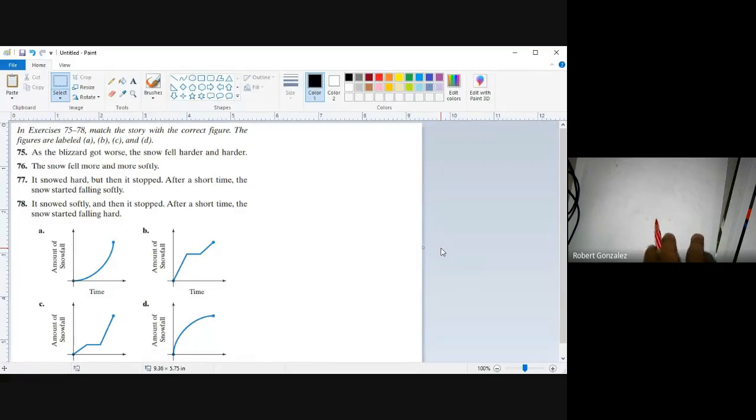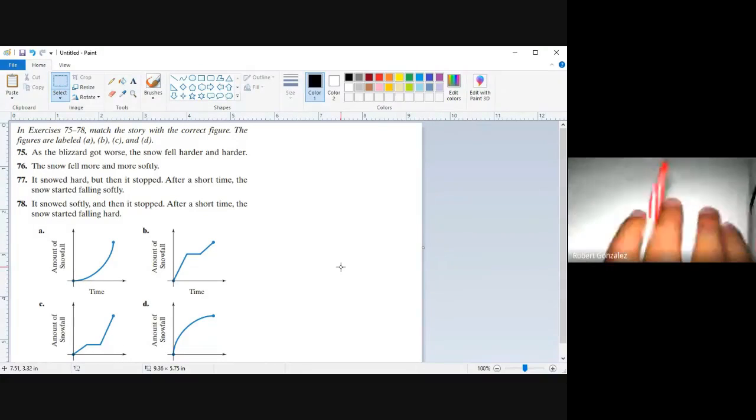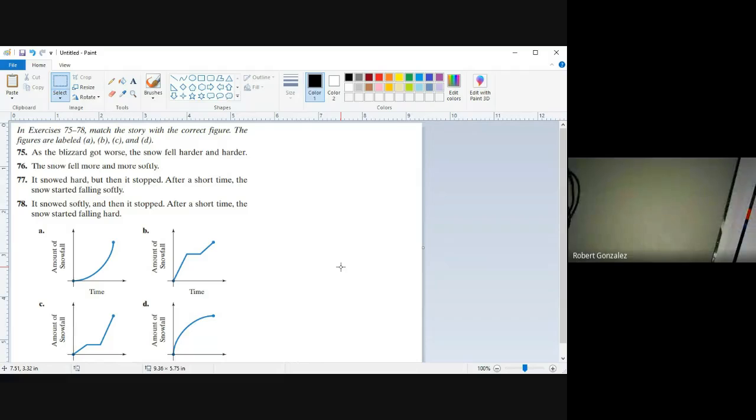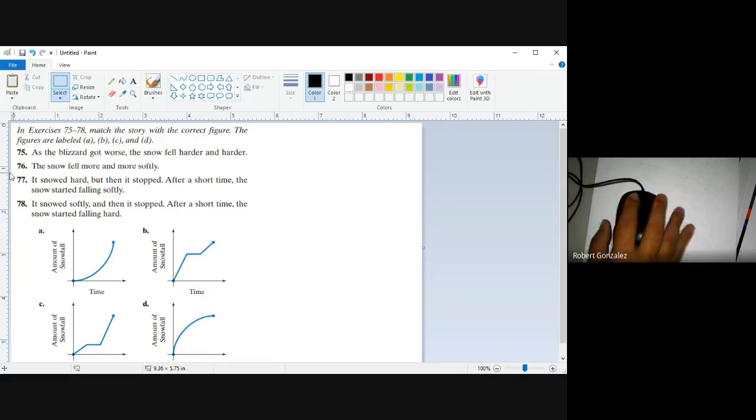Okay, so we'll actually do 4 of our problems right here. And we've got to match the stories to the words. And I can see there's 4 stories here and 4 graphs. So let me get a different color pen here, and let's start with number 75 and see which one of these graphs matches it.